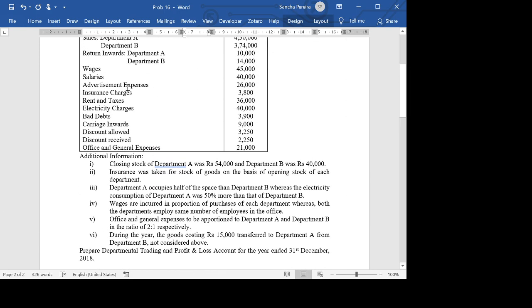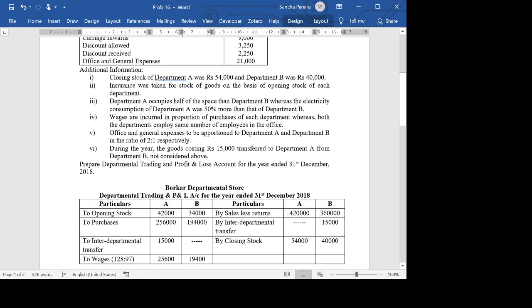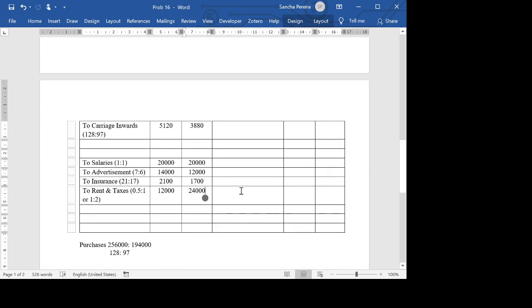Then there is also electricity charges for which the ratio has been given. They've told us the electricity consumption of Department A was 50% more than that of Department B. So if B's electricity consumption is 1, A's will be 1.5 is to 1, or it can be 3 is to 2.